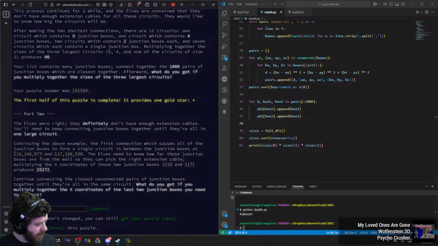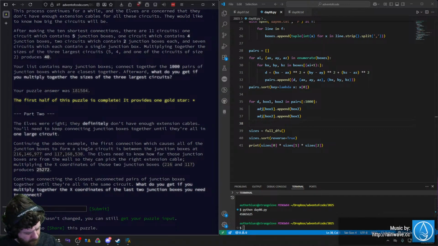I don't think what's being described here is the same as Prim's algorithm. But it might produce the same result as Prim's algorithm.